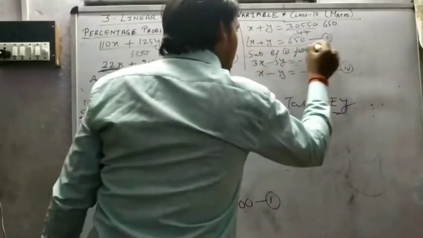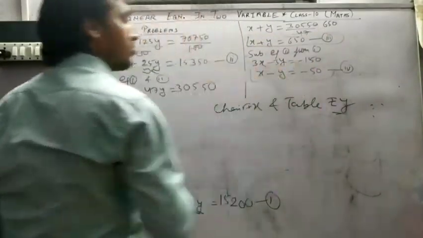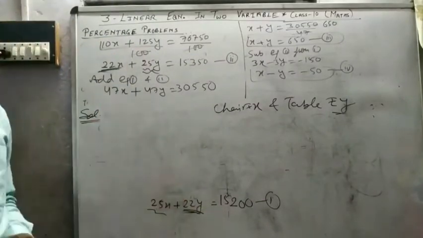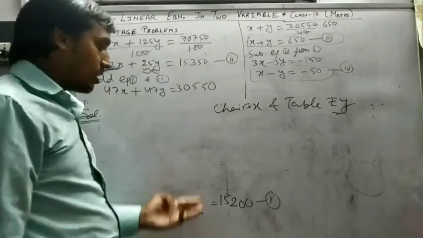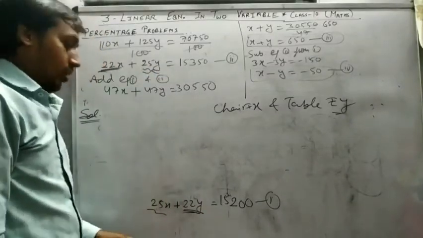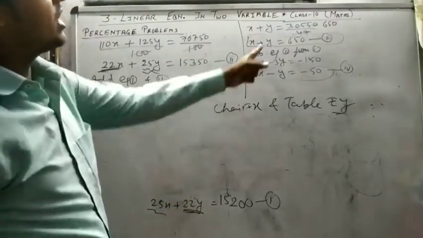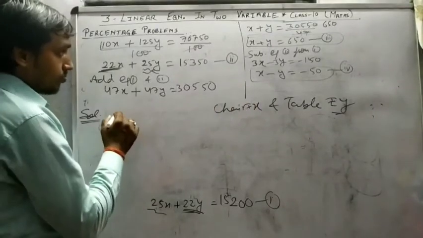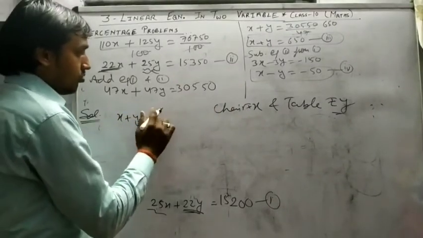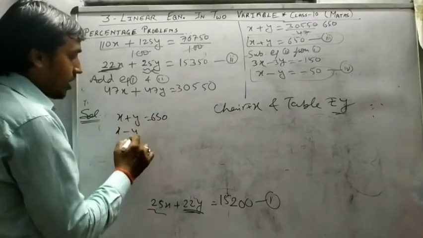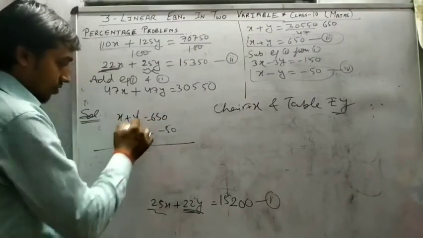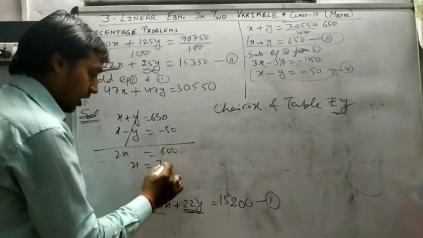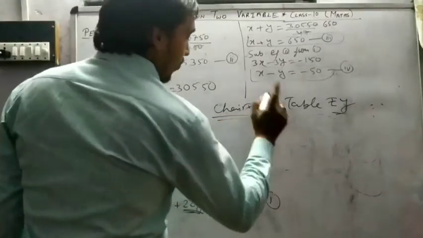Then you get a simple equation in terms of x and y. These equations, 25x, 22y, are so complicated and hard work to solve directly, but it is very easy to solve these types of equations this way. X plus y is equal to 650, x minus y is equal to minus 50, y cancels, 2x is equal to 600, x equals 300, and 300 is the cost of one chair.